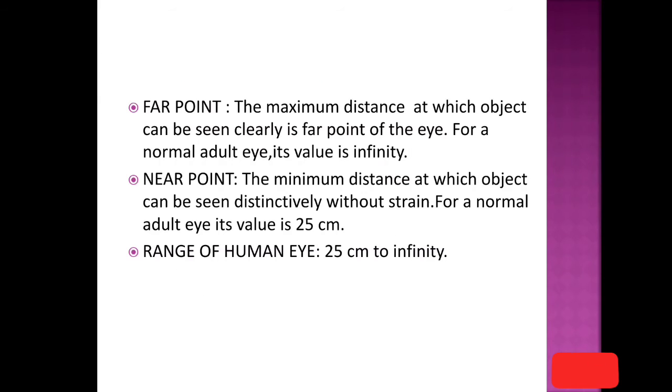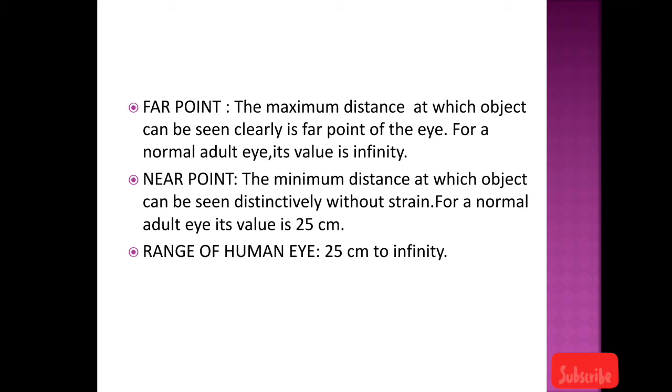Now let us know what the far point and the near point are. So the far point, what is it? It is the maximum distance at which an object can be seen clearly. For a normal adult eye, its value is infinity. Next is the near point.